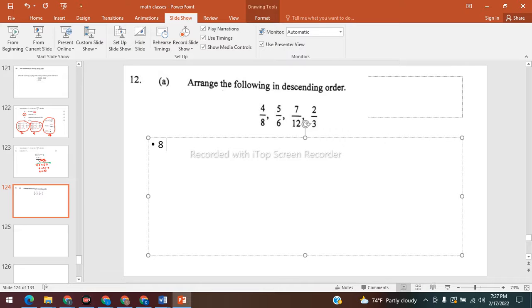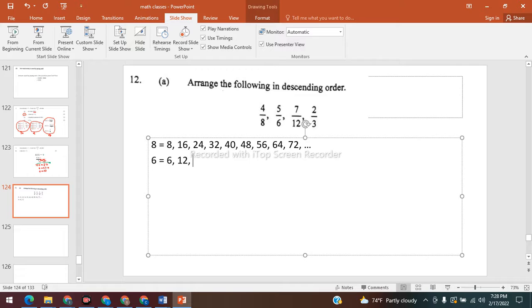The multiples of 8 are going to be 8, 16, 24, 32, 40, 48, 56, 64, 72, 80, and so on.